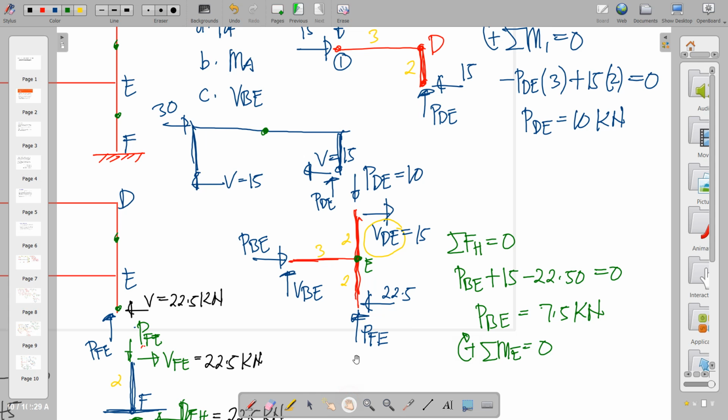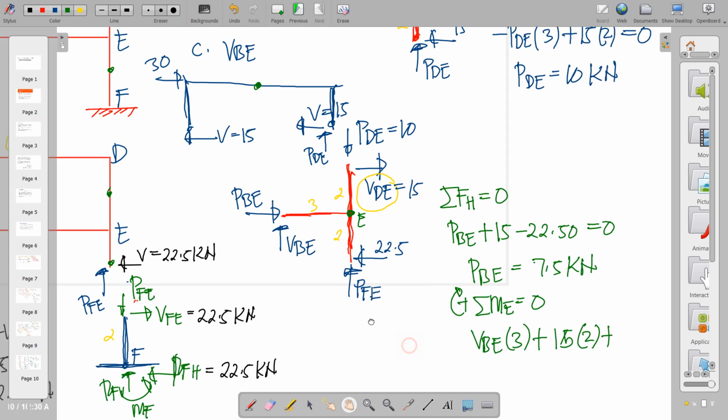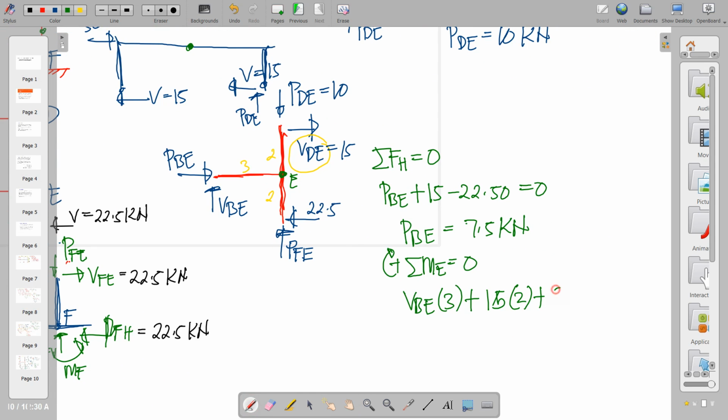We have this one, VBE, clockwise, positive, times 3, plus this 15, times 2, plus this one, 22.5 times 2.